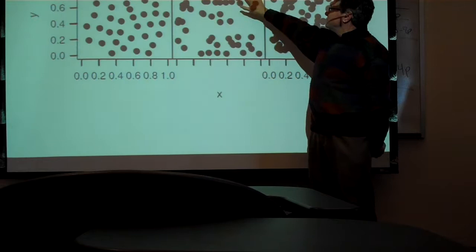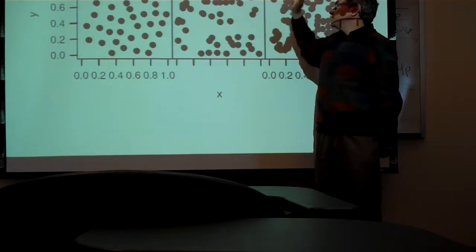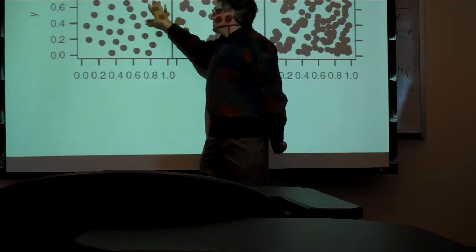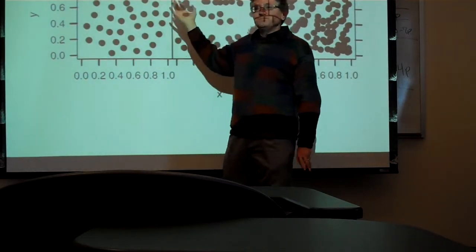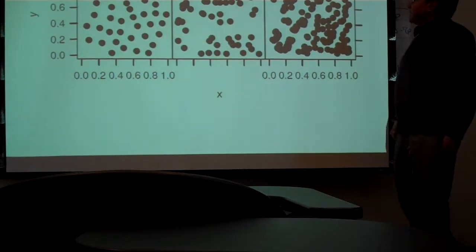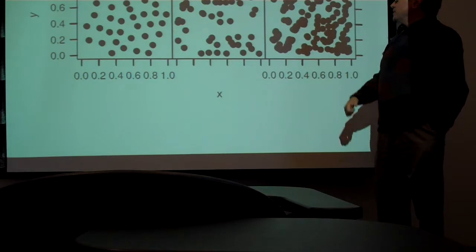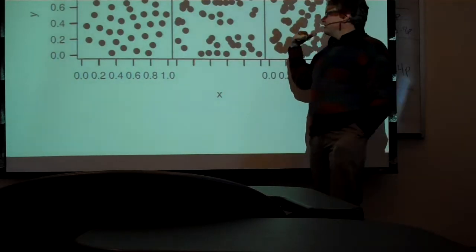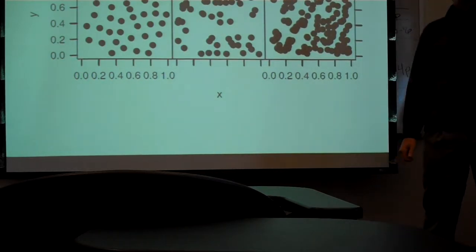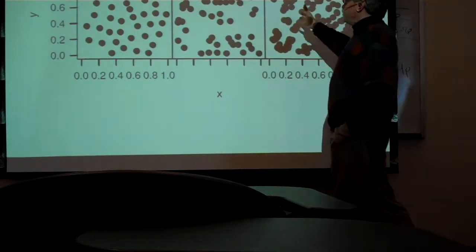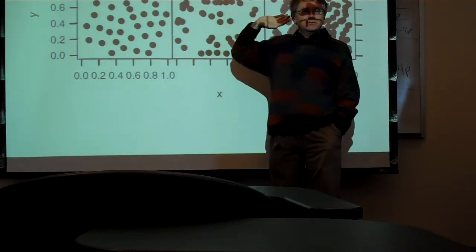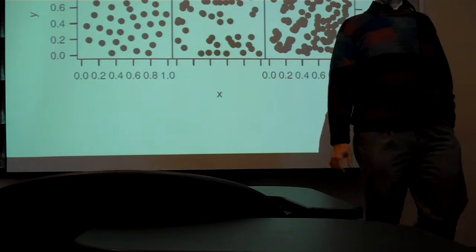This is a map of Japanese maples in a different forest. And this is a map of the nuclei of cells in some tissue. And so typically we're interested in asking 2 kinds of questions. One is, are there interactions between the individuals here that would lead to their distribution being non-random?